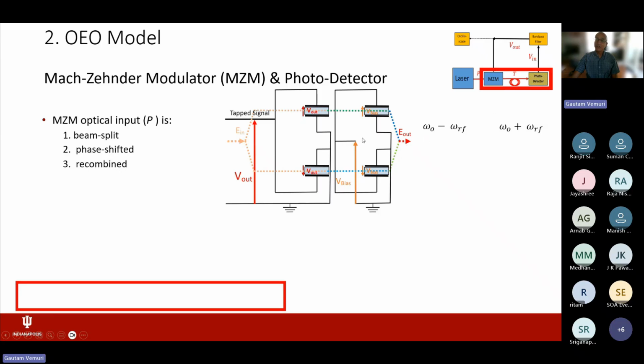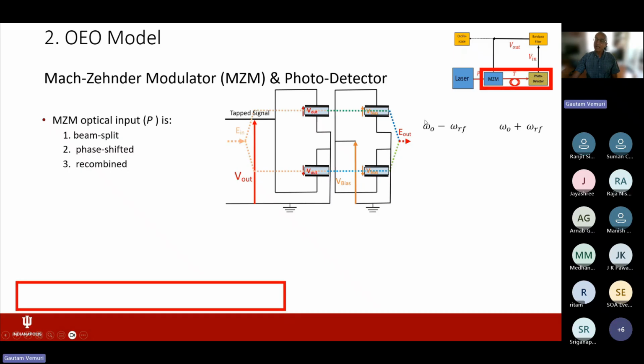So I get, in addition to the carrier frequency omega naught, two sidebands, one at omega naught minus omega RF, that's the frequency at which I'm modulating the bias, and omega naught plus omega RF. Now when all of these hit the photodetector, there's this frequency, this frequency, and of course the carrier frequency at omega naught. These two will beat with each other and produce a frequency which is twice the RF frequency.